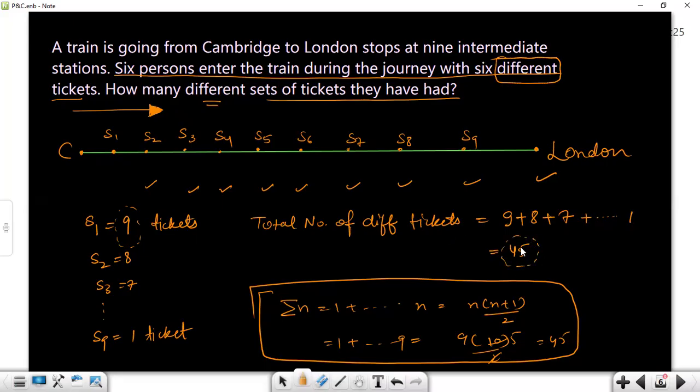Now these 6 tickets should be out of 45. So how many different sets of tickets they have had is the selection of 6 tickets from these 45.